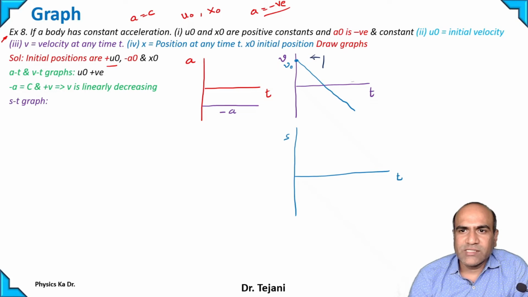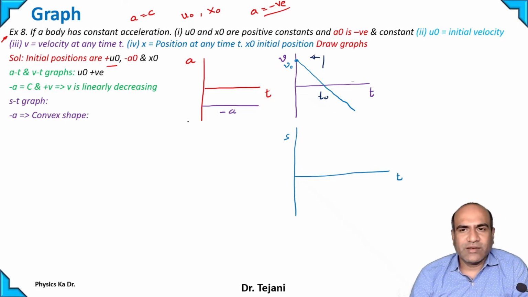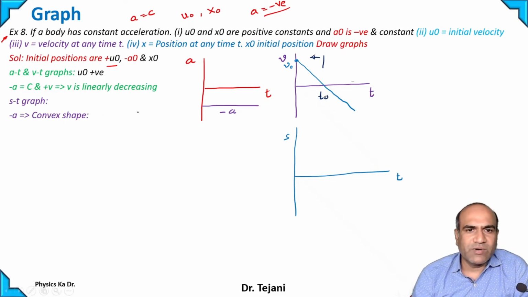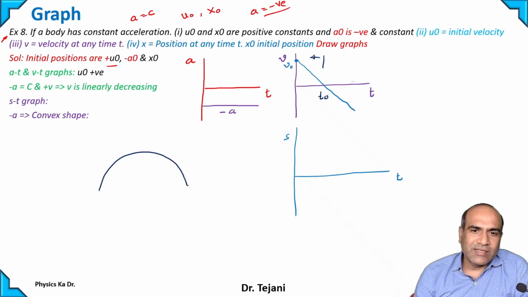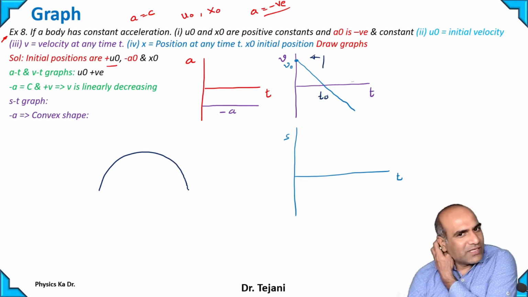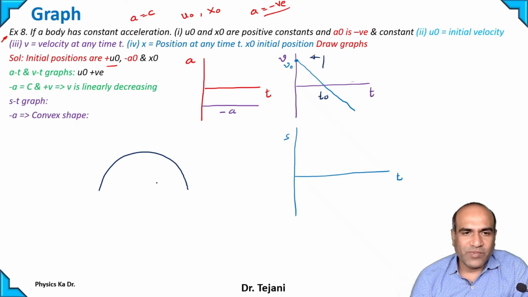The first segment is this one, and let's name it T1. Acceleration is negative, so first we identify the shape. Since negative is given, the shape of the ST graph is convex. What is a convex shape? You can say an inverted bowl is a convex shape.